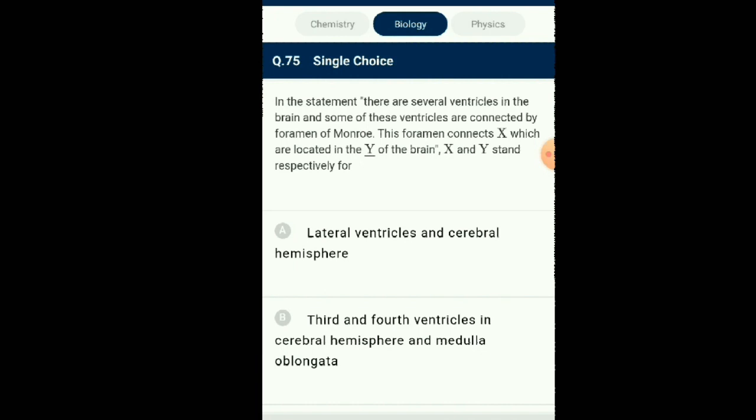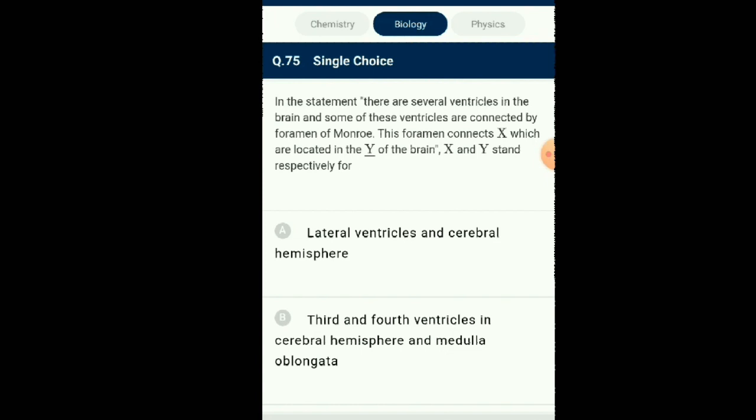The human brain has four ventricles, which are interconnected with each other. The ventricles are fluid-filled spaces which help in the circulation of cerebrospinal fluid. Ventricles one and two are present, one in each cerebral hemisphere. They are also called lateral ventricles or paracoel. The third ventricle is present in the diencephalon. It is also called diocoel.